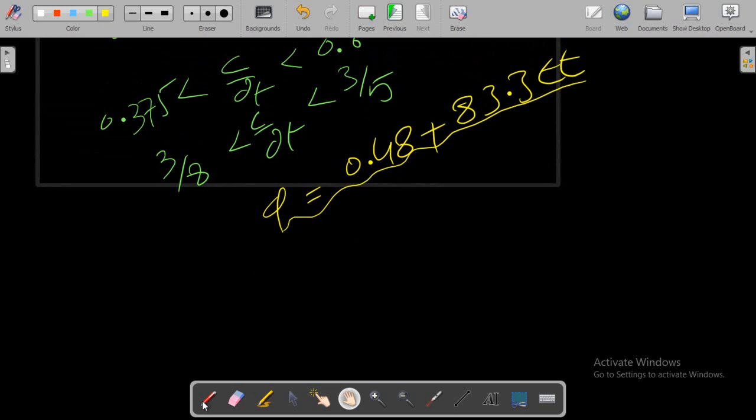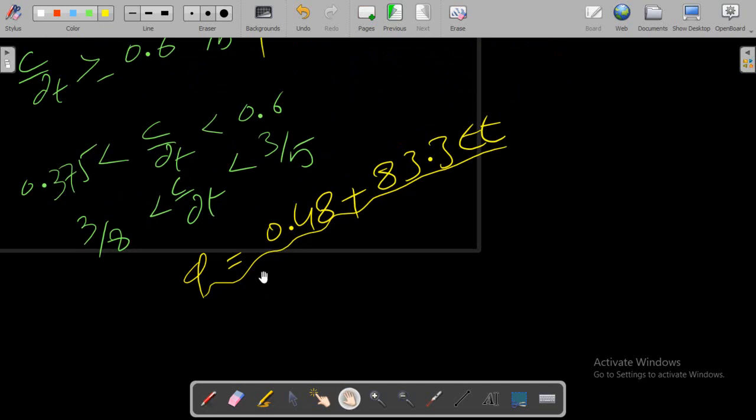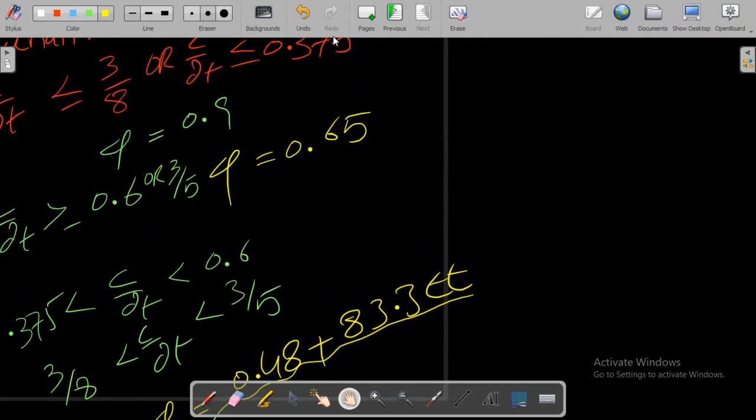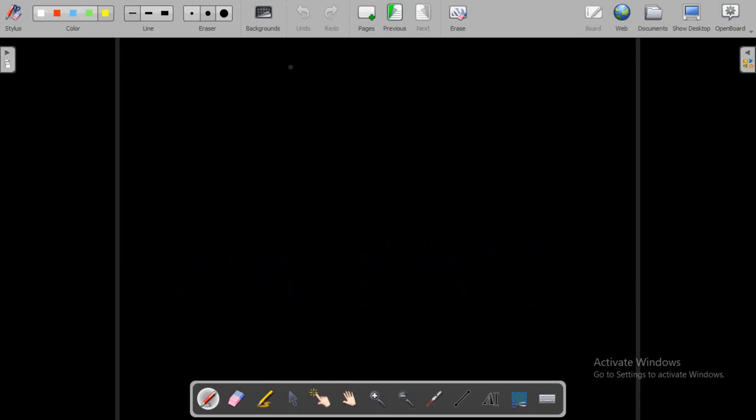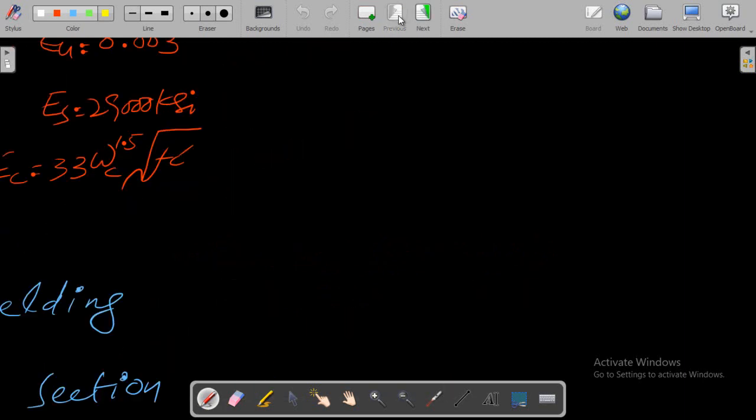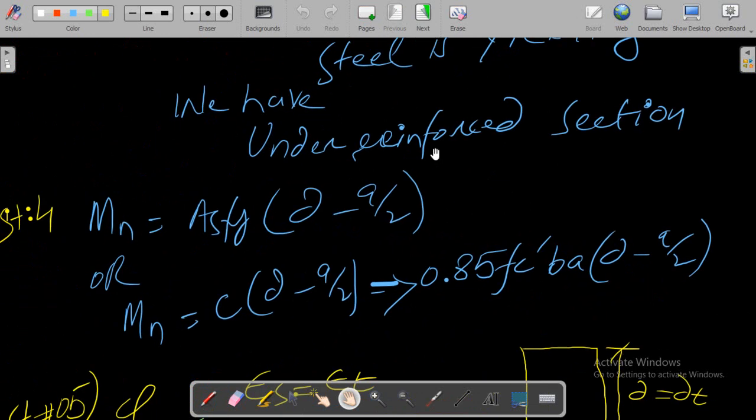Now the next thing is, let's say this section is not a tension section. This is important. Now we have to understand this. Let me show you the previous steps.